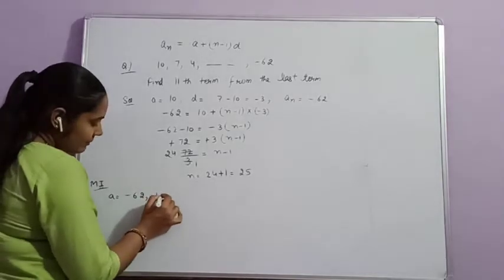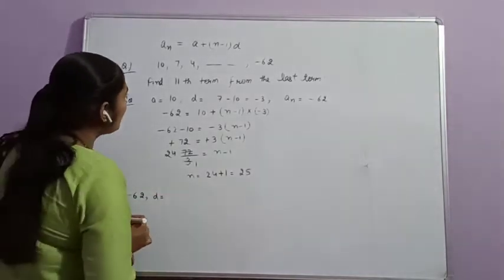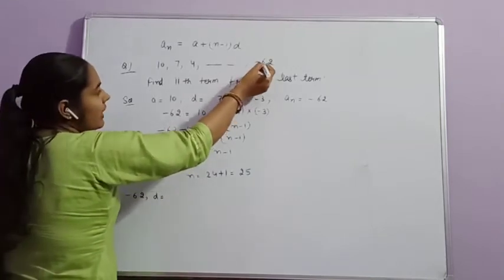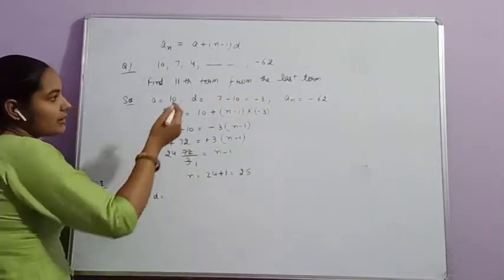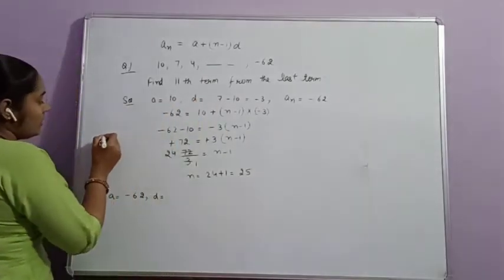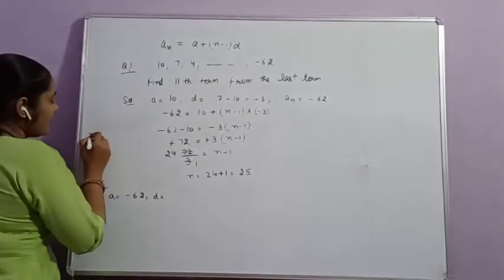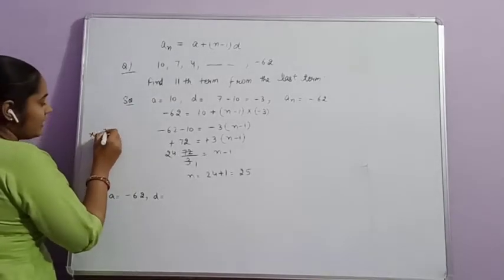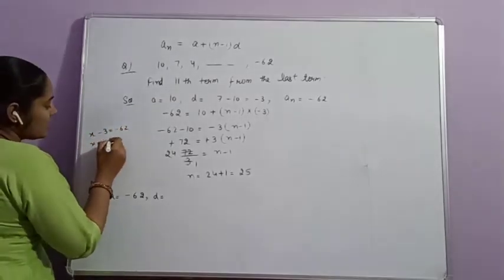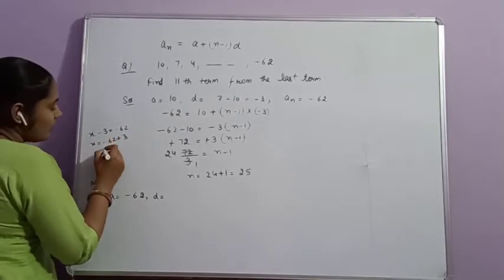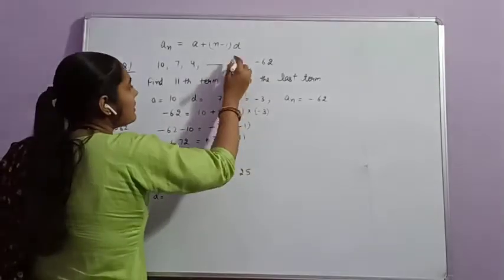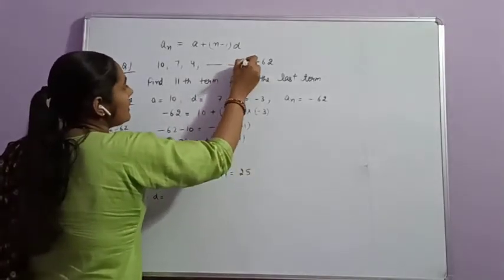The next term from it will be the term from which we subtract minus 3, that is minus 62 plus 3, which is equal to minus 59.